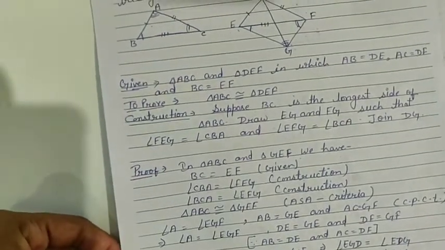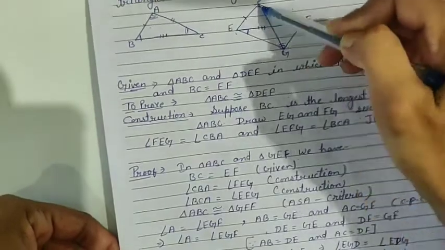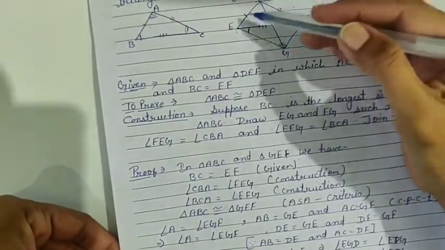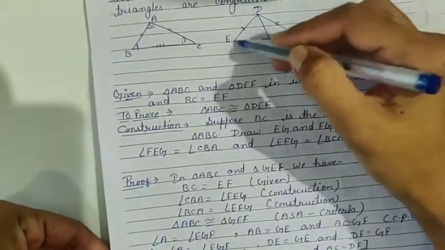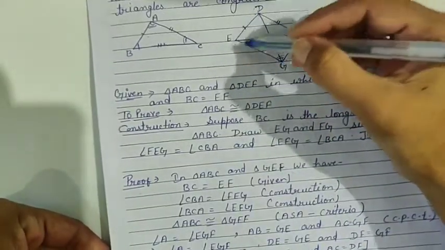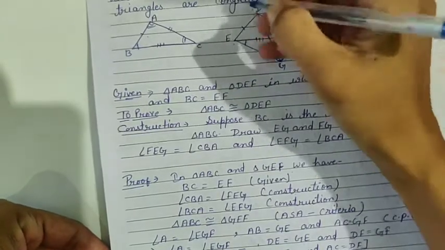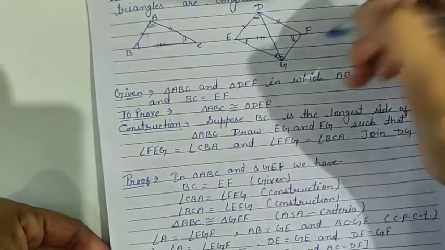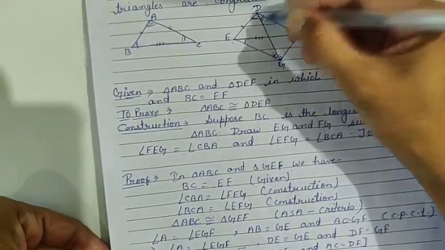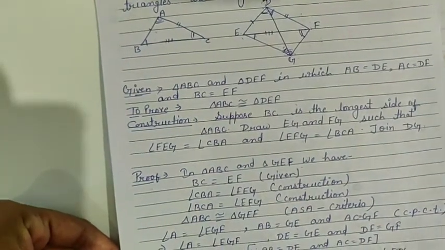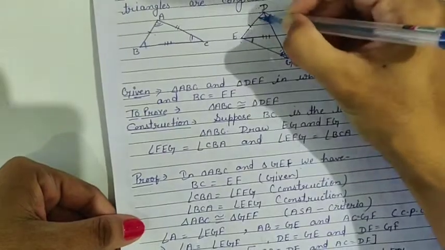Now in triangle EGD, DE equals GE, and if DE equals GE, then angle EGD equals angle EDG.